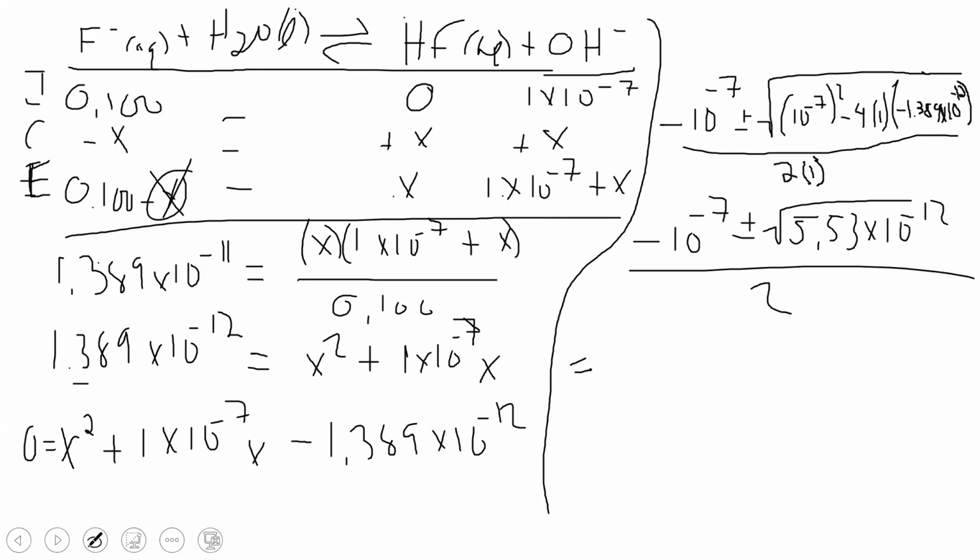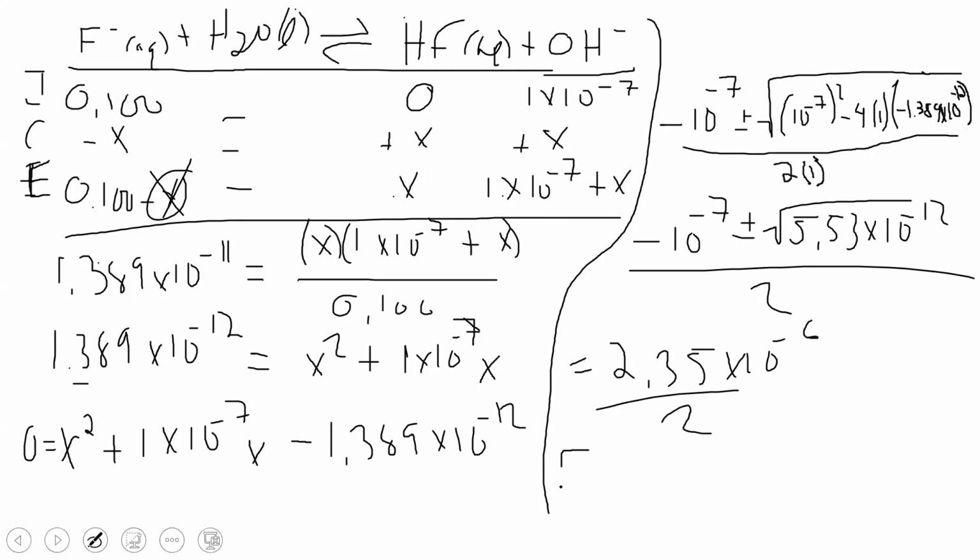All right, so you should wind up with 2.35 times 10 to the minus 6 over 2.